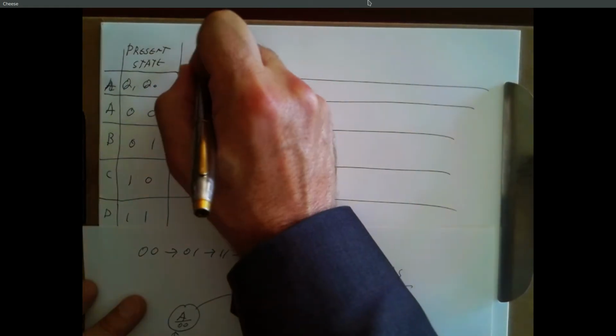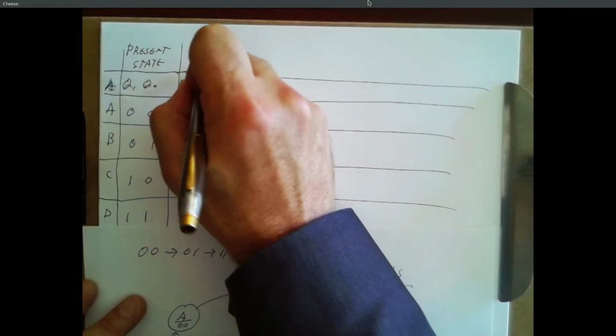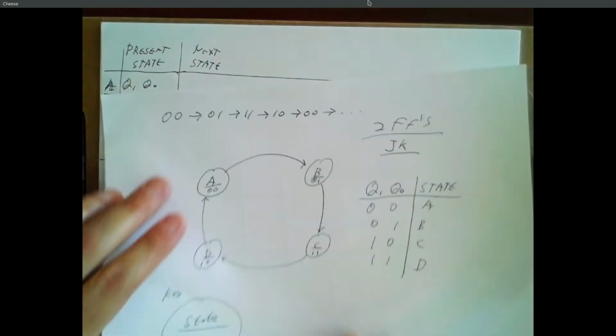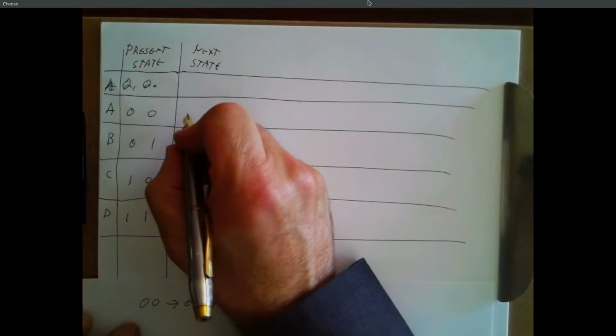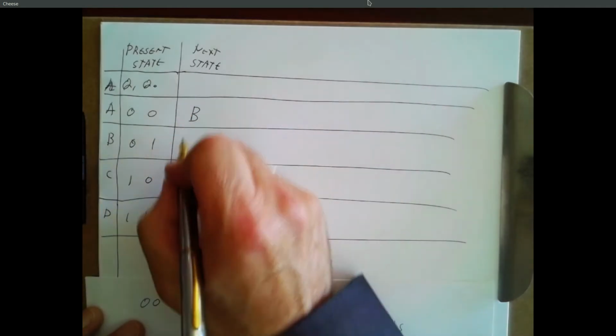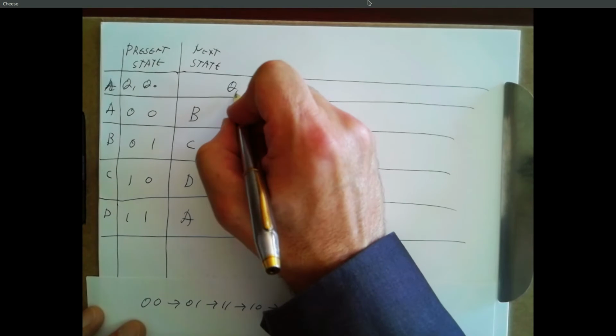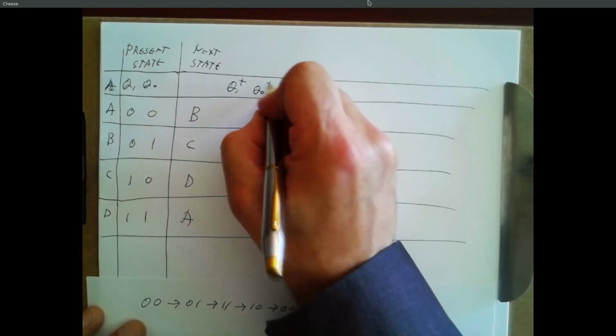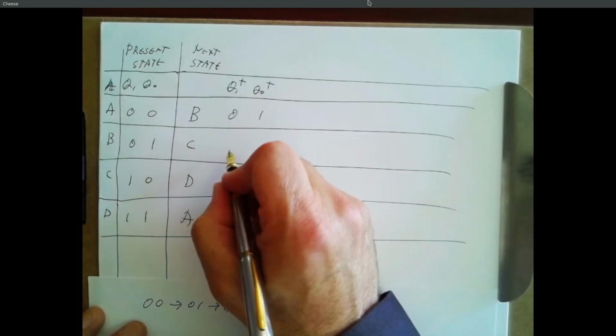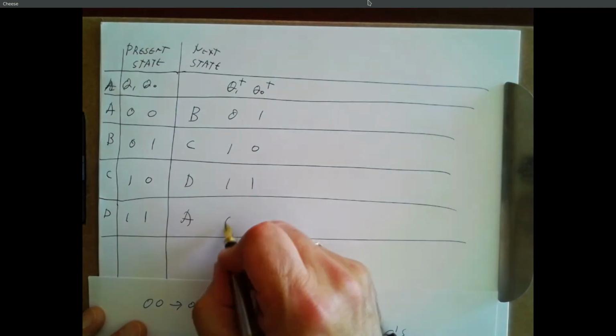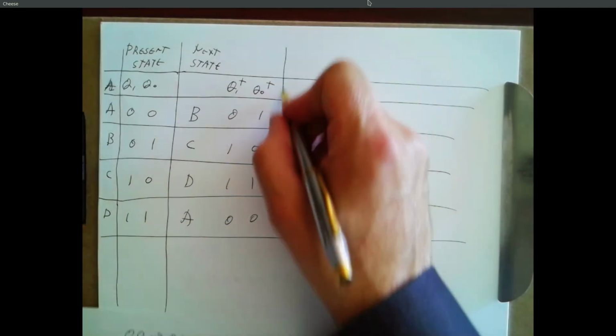Next state, well, A goes to B, B goes to C, C goes to D, D goes to A. So this is B, C, D, A. So Q1 plus Q0 plus 0, 1, 1, 0, 1, 1, and 0, 0.